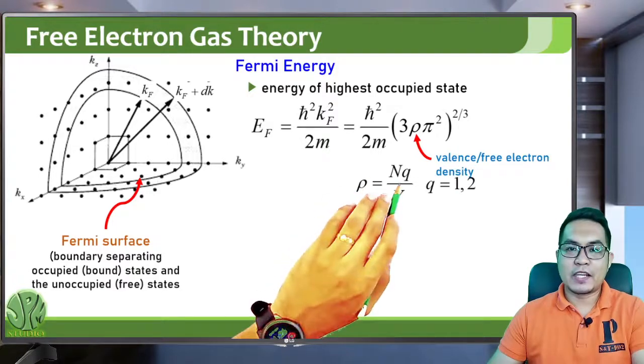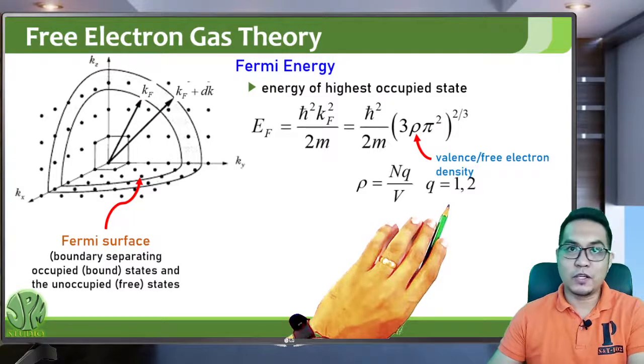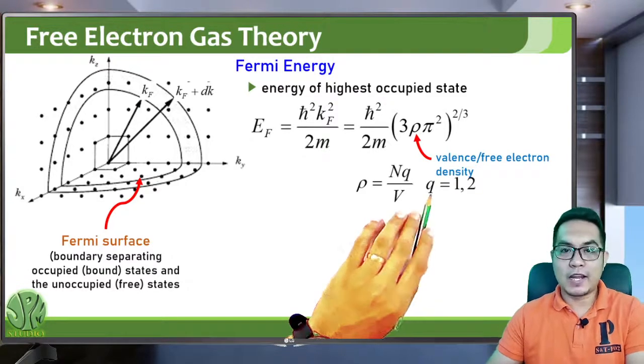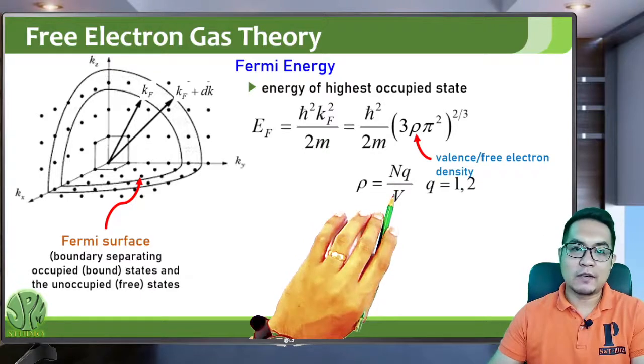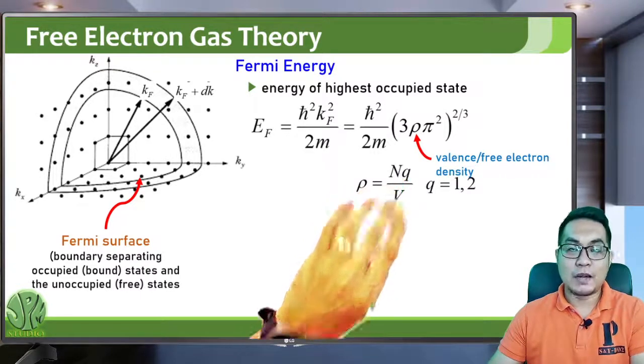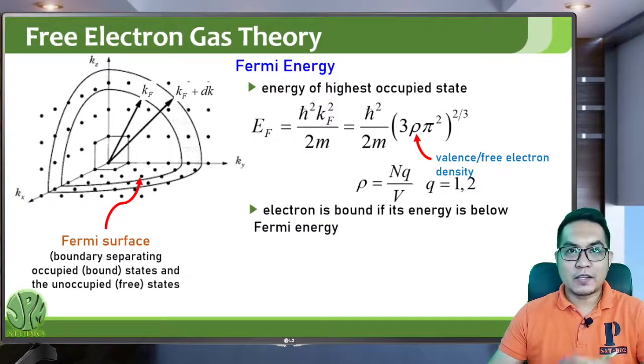So Q here is the number of valence electrons per atom, and it's usually 1 or 2. There are only 1 or 2 valence electrons per atom. N is the total number of atoms, and V is the volume. So basically, you will have a number density, number per unit volume. When the electron is bound, this means that its energy is below the Fermi energy.